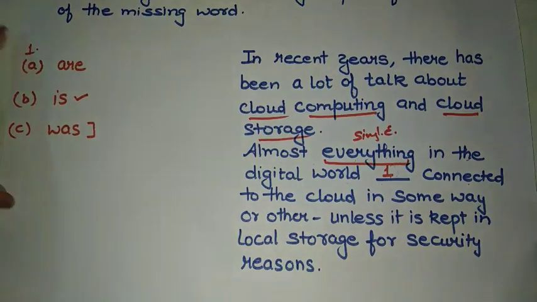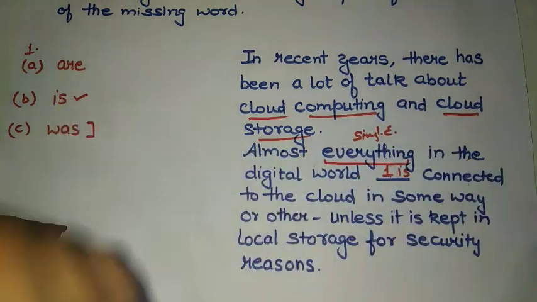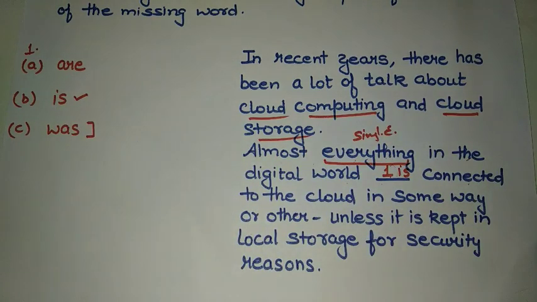Was is also a singular helping verb, but I am not using it because I am not talking about the past. So I will go with the word is, option B. Almost everything in the digital world is connected to the cloud in some way or other.